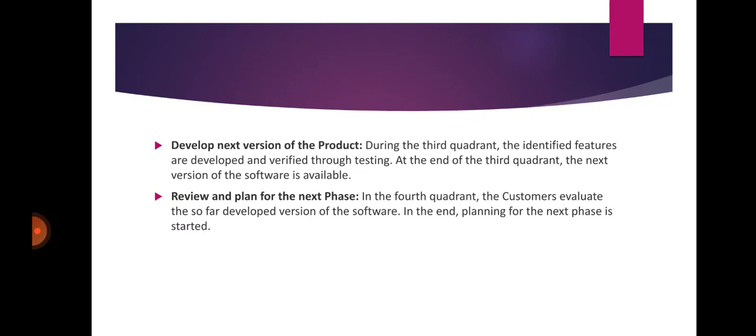In this last quadrant, whatever testing the software team has done will be shown to a critical software team or the manager of the project, who will analyze whether this project is exactly working for the customer's need. It is also shown to the customer, to check whether all the requirements are fulfilled or whether any changes are needed by the customer.